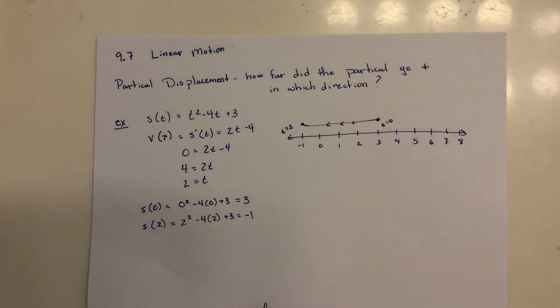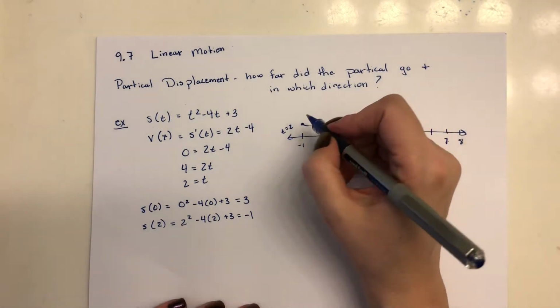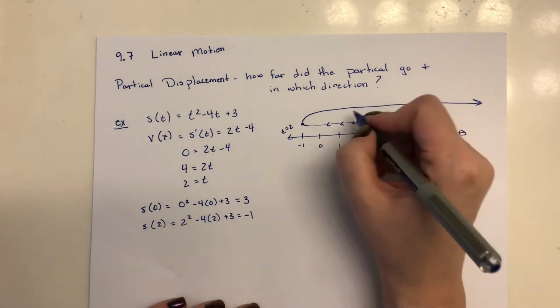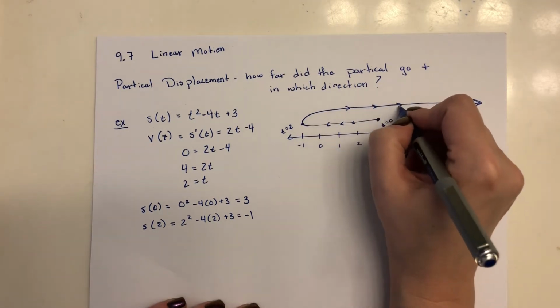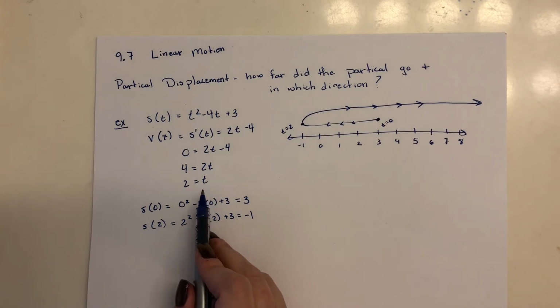Now I know at this point it has to turn around and start going the other way. And why is that the case? Because it's always the case. So at this point, it's going to start going that way. When you think about a particle, you want to think about it going in a certain direction, and then when it hits a stopping point, it's going to reverse directions.